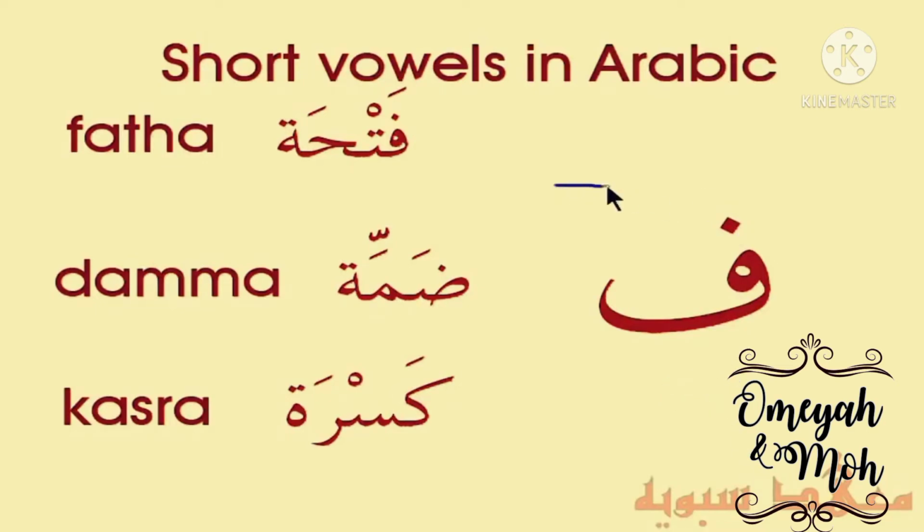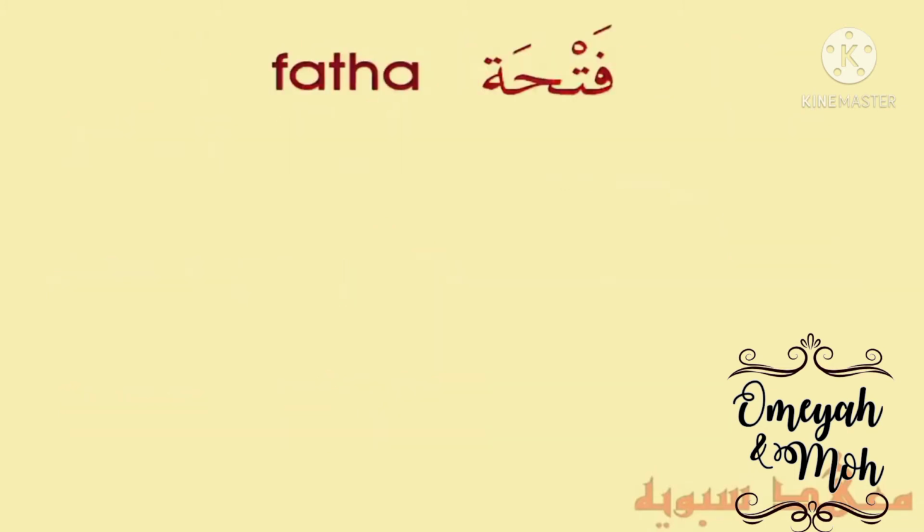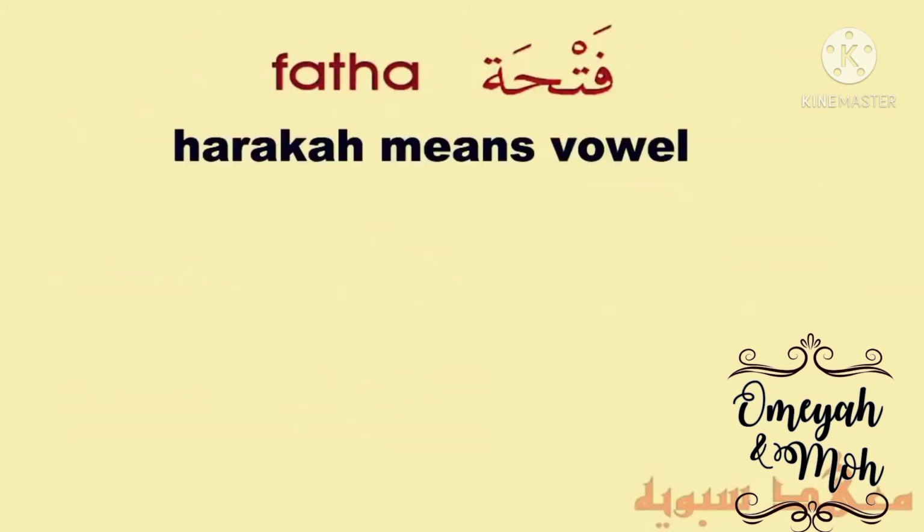So let's assume that this is the line where we write. The fatha would be on top of the letter, dhamma would be on top as well, and kasra would be on the bottom. So fatha, dhamma, kasra. So that's just the terminology, and inshallah we'll find out how they're actually pronounced. So we have the first harakat, which is fatha.